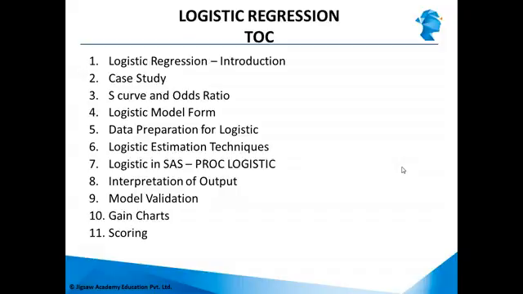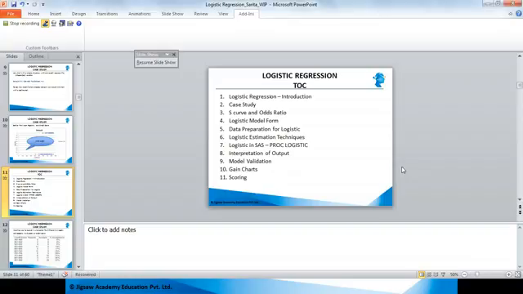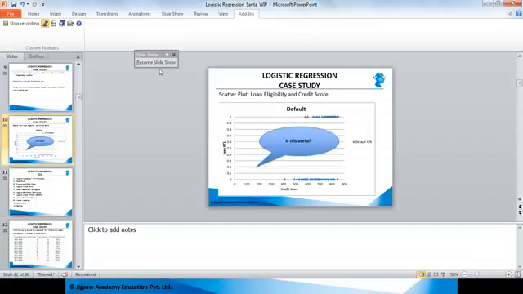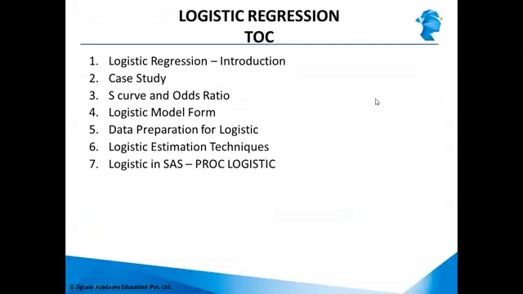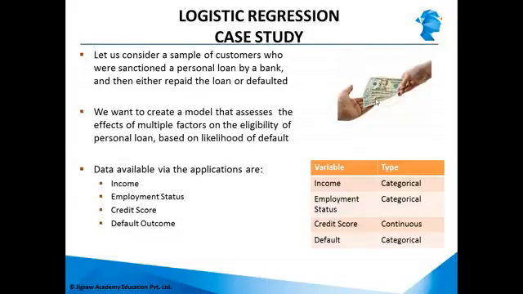We were looking at a bank case study to understand the concepts of logistic regression and how they apply. We were looking at a bank that had sanctioned personal loans for a set of customers, and they have this historical data where they have tracked the loans and they can see who's defaulted on the loan and who has not.